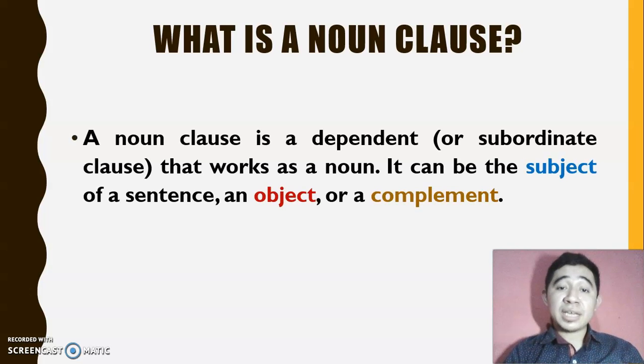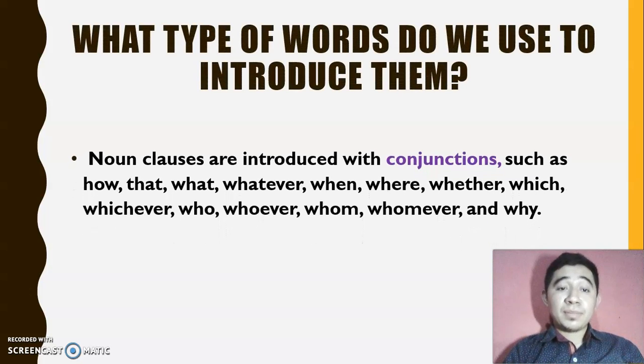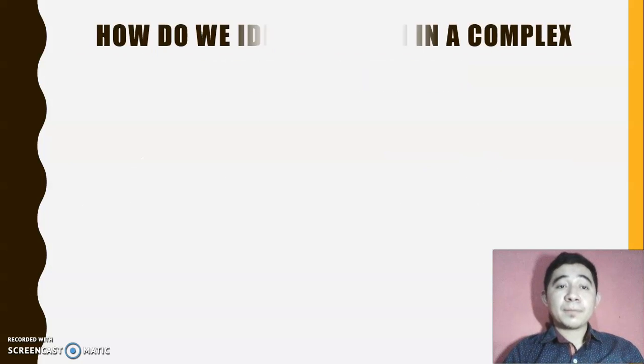A noun clause is a dependent or subordinated clause that works as a noun, and it can be the subject of a sentence, an object, or a complement. So the words that we use are conjunctions such as how, that, what, whatever, when, and all the ones that you can see on the screen.